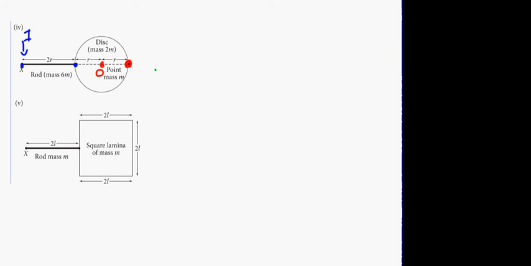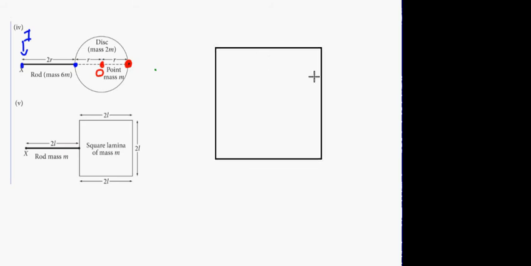So the lamina's proof doesn't include it going into the plane. Its moment of inertia on the plane was how that was described.